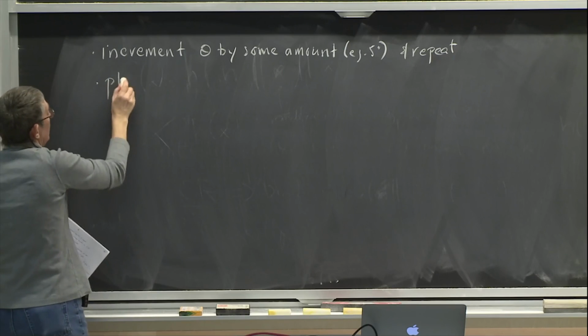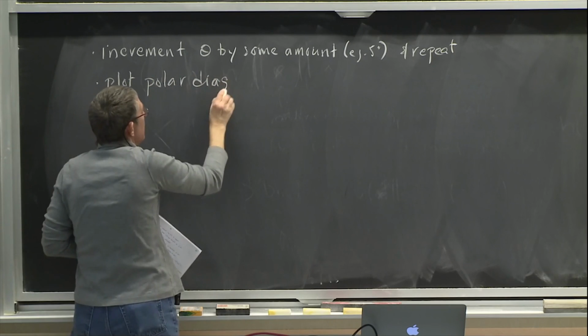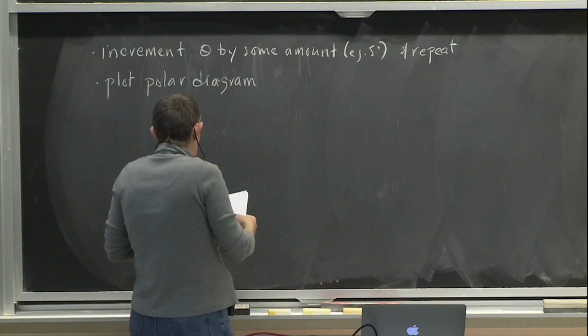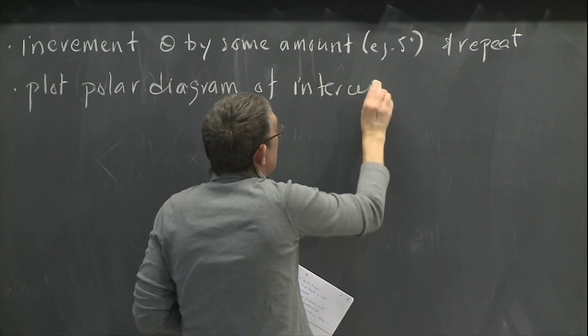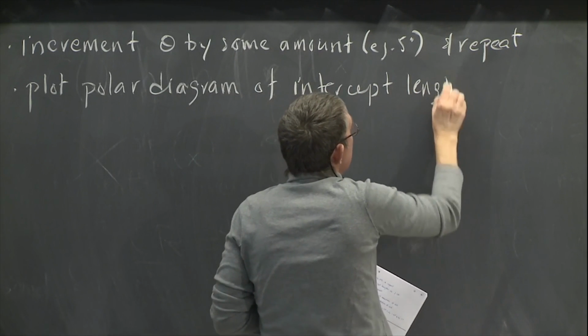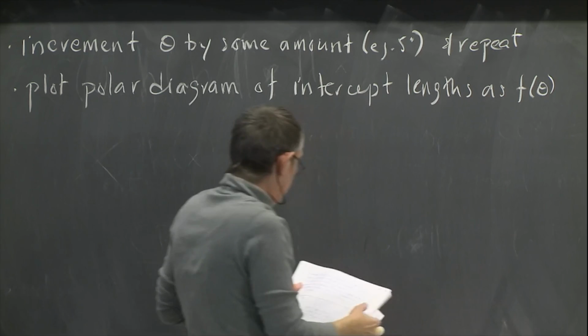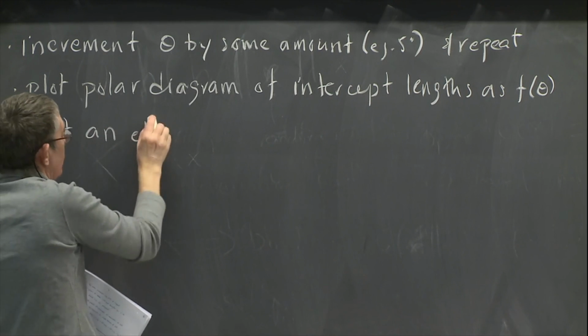And then you plot a polar diagram of the intercept lengths versus theta, and you fit an ellipse to the points.